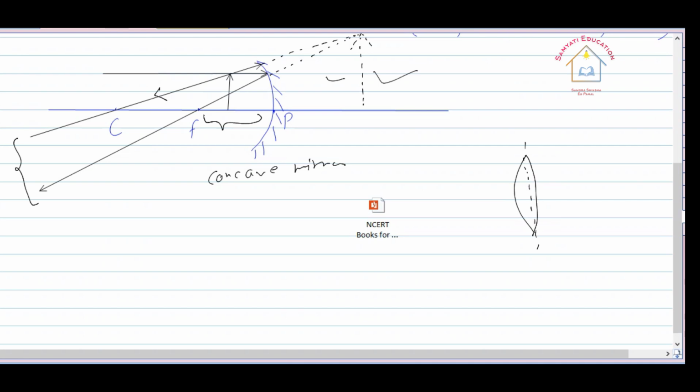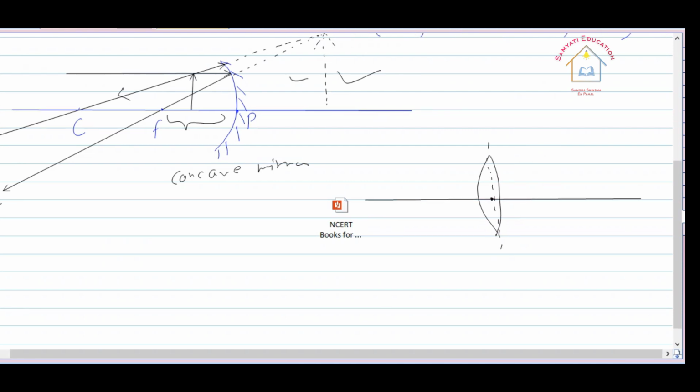Then its image can form. If light goes parallel to the principal axis, it will refract through F2, and if a ray of light goes through the optical center, then it will go straight.